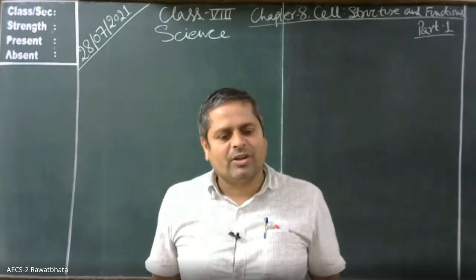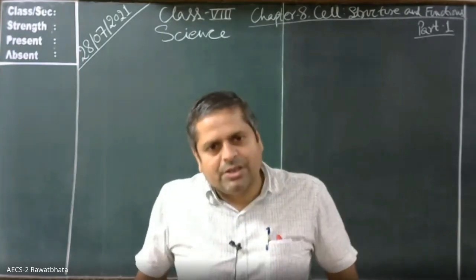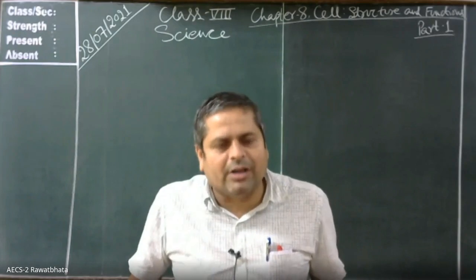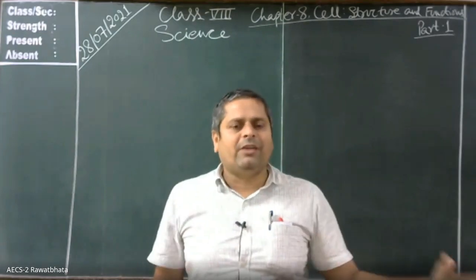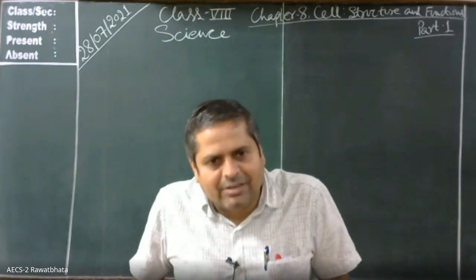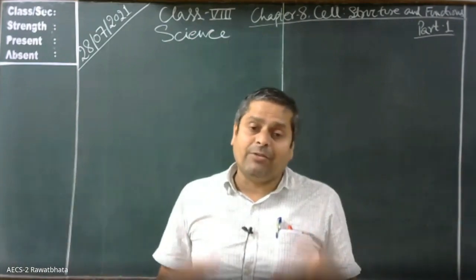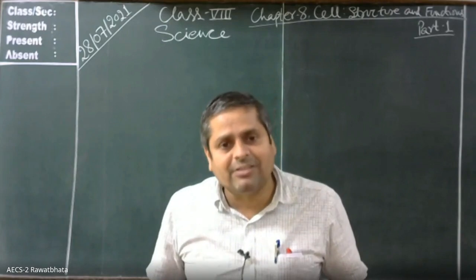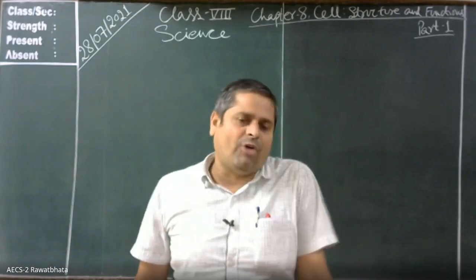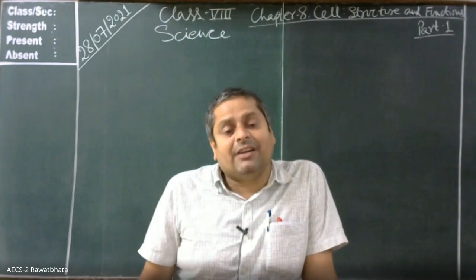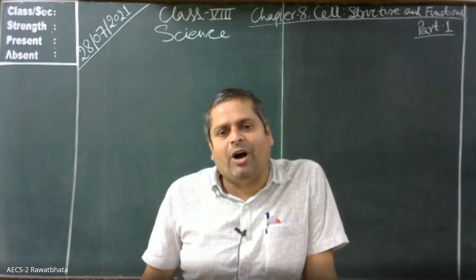When tissues combine, they form an organ. When many organs unite, they form an organ system. And when many organ systems unite, they form an organism. So this is the hierarchy of life.